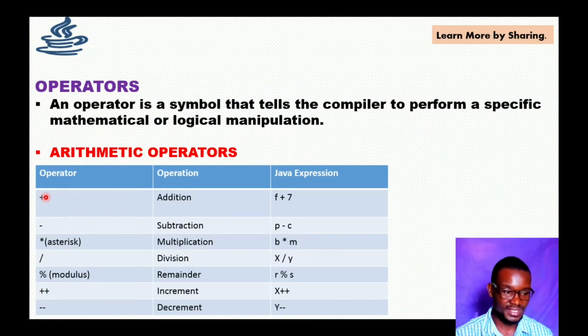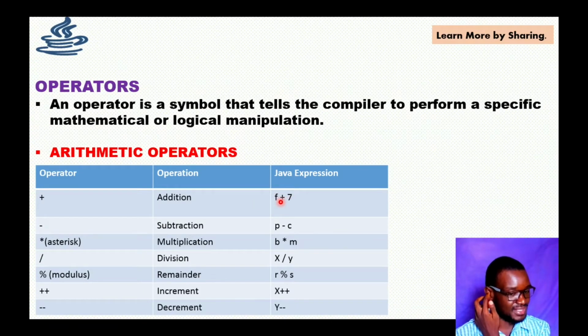The first one is the plus sign, which is used for addition. In Java, you can use an expression like f plus 7, where f is your variable and 7 is a constant.